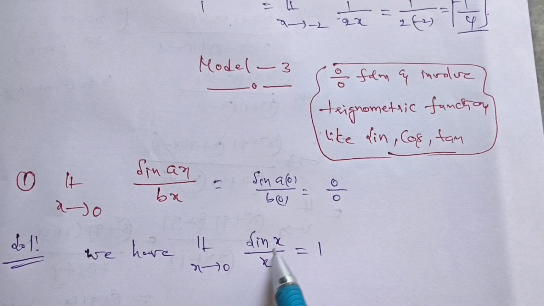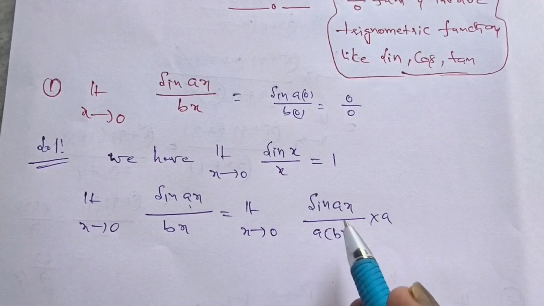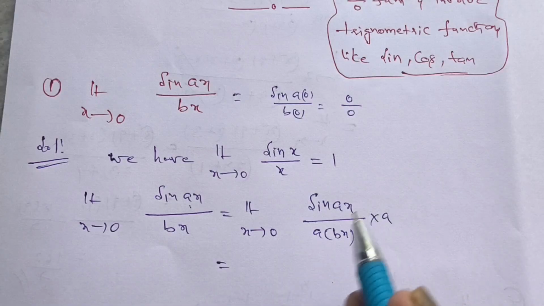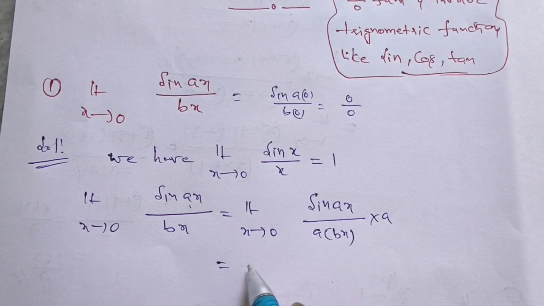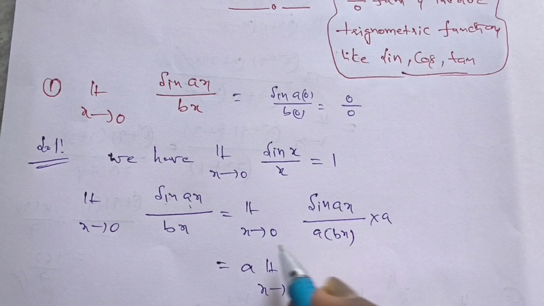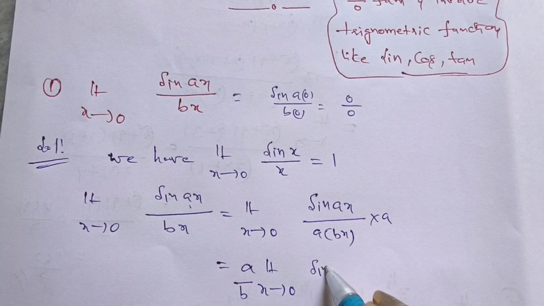So here, after sine we have x, remember it. We convert the given problem into this standard form by multiplying and dividing with a. Then we have a by b, limit x approaches 0, sin ax by ax.